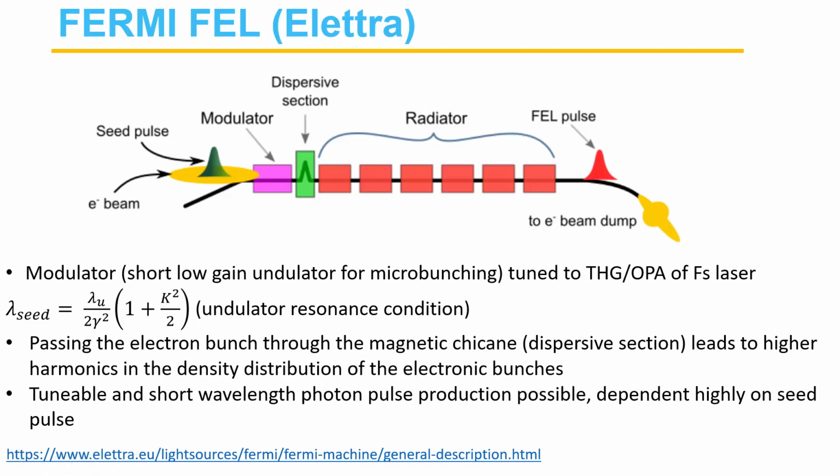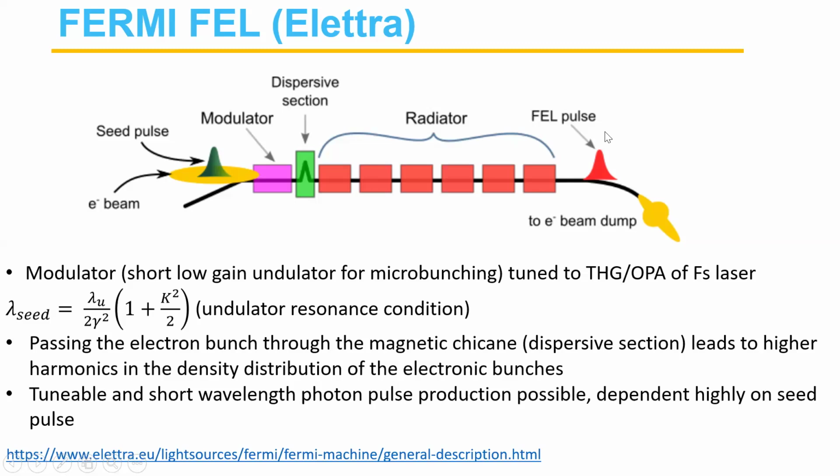If this condition is followed, you have modulation of the electron beam energy, and once it passes to a dispersive section, which is actually a magnetic chicane, this electron beam modulation is converted into a density modulation, which forms short micro bunching of the electrons. Then the short bunches of electrons are moved across the radiator, which is a longer undulator, where the amplification happens, which releases a FEL pulse.